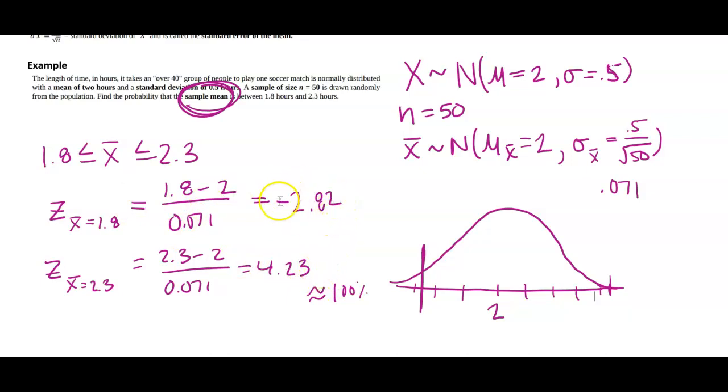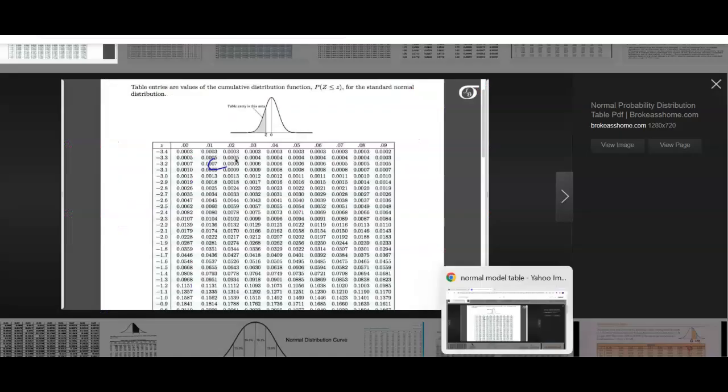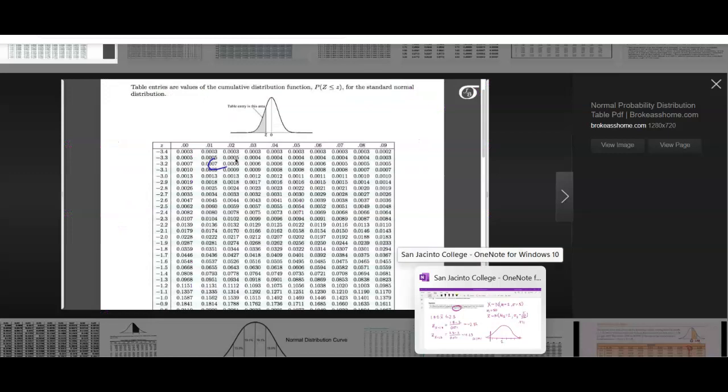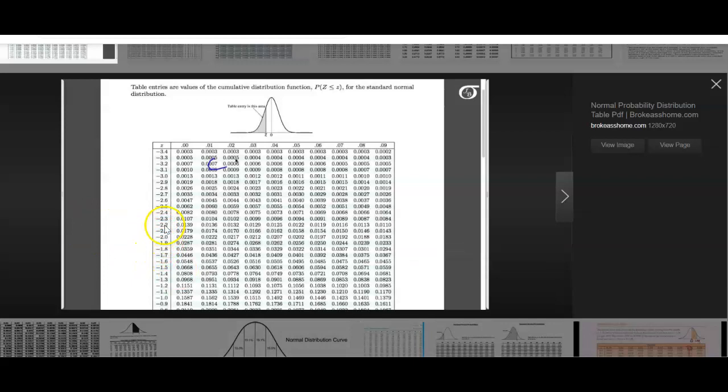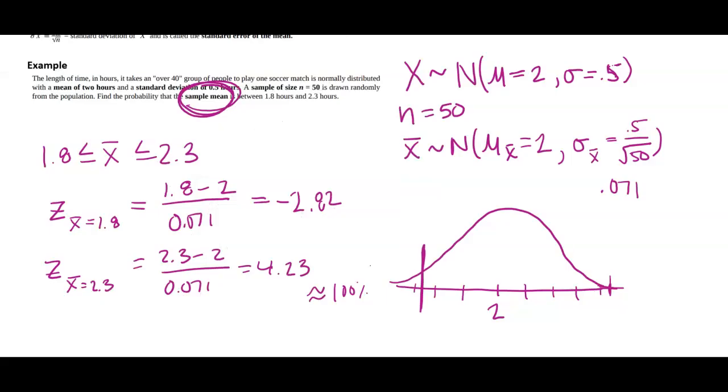If I wanted to find this probability, let's go ahead and go into our chart and find that. All right, so I'm looking for a z-score of negative 2.82. So negative 2.8 over to 2 is 0.0024 over here.